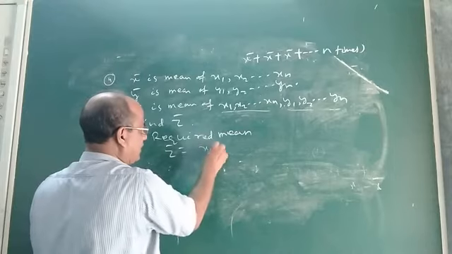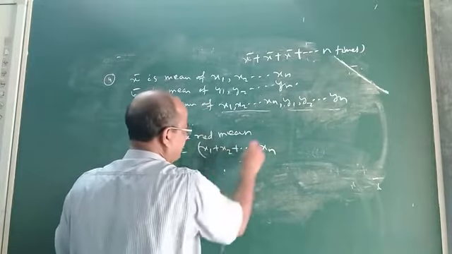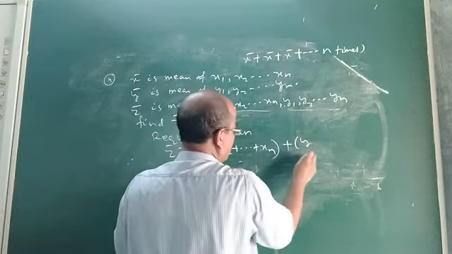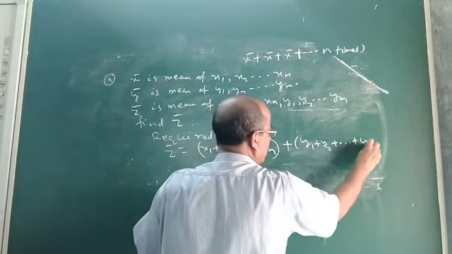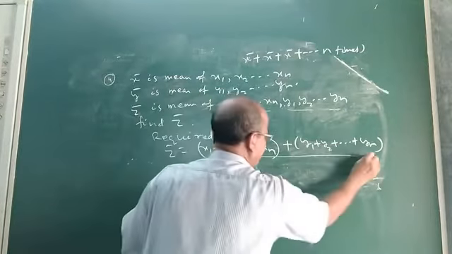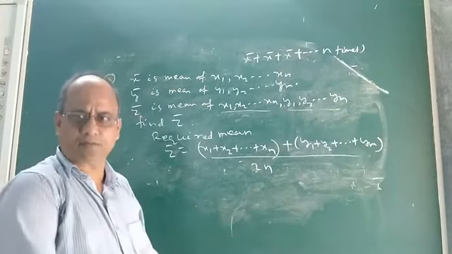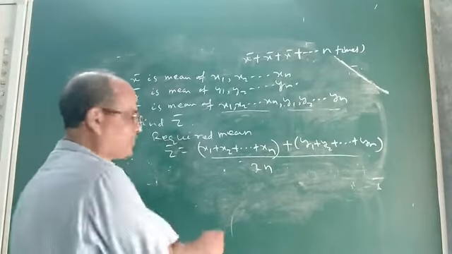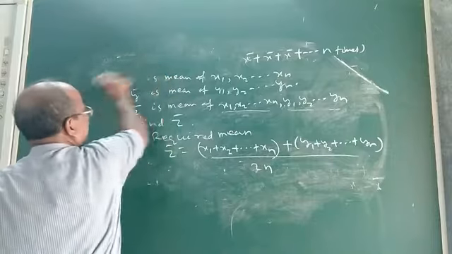So it will be x1 plus x2 plus dot dot dot xn, plus y1 plus y2 plus dot dot dot yn, whole divided by 2n, because 2n is the total number of observations.